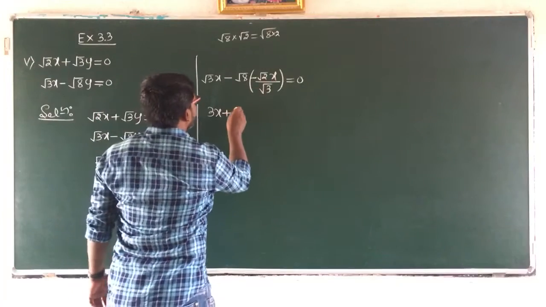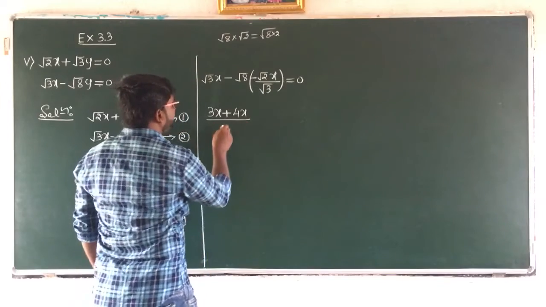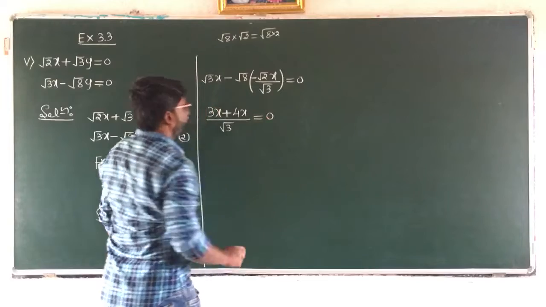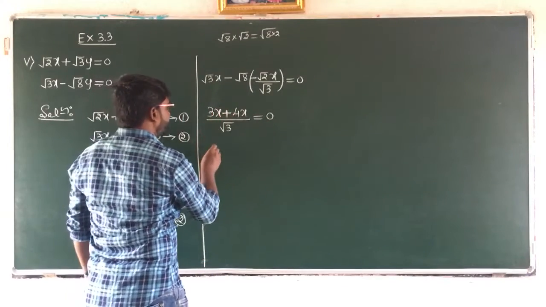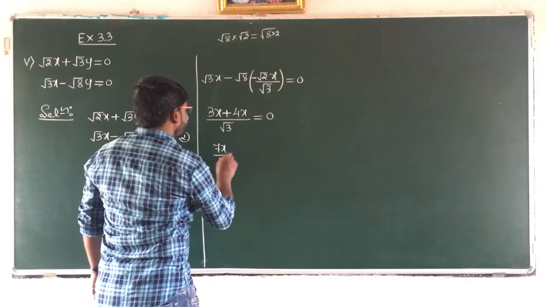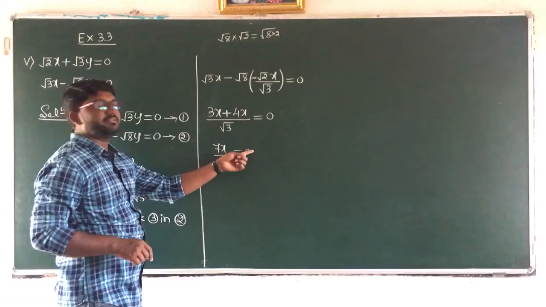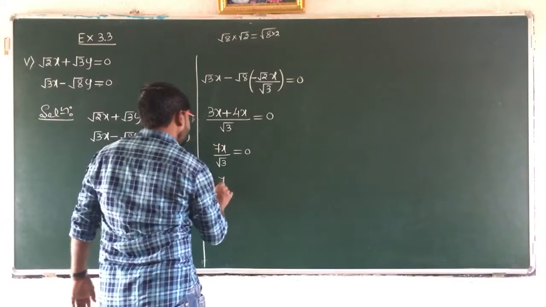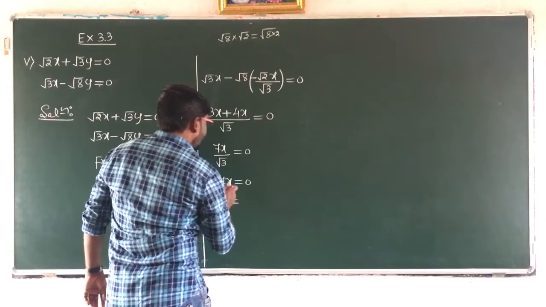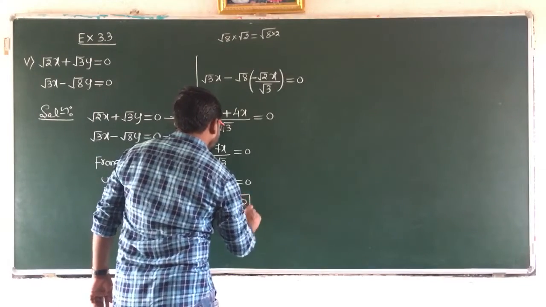So we get 4x divided by √3, which is equal to 0. So now 3x plus 4x will be 7x divided by √3, which is equal to 0. Then take the denominator to the RHS, it will be multiplied with 0. Again we get 0. 7x equals 0. Then x equals 0 by 7. So it is 0. So the value of x is 0.